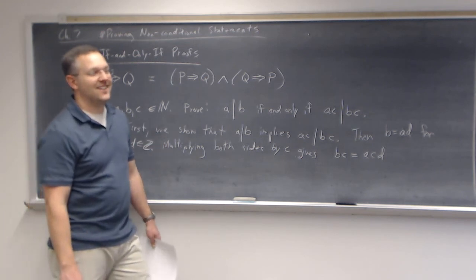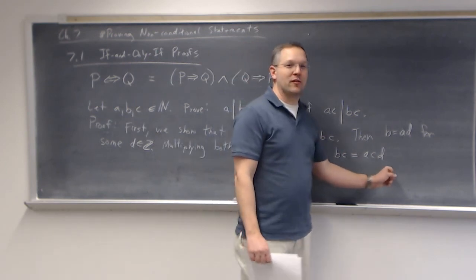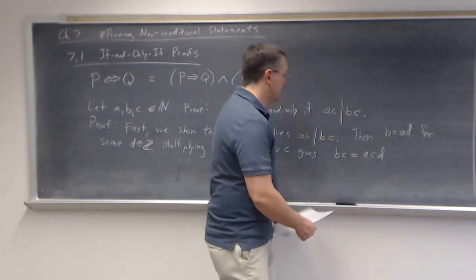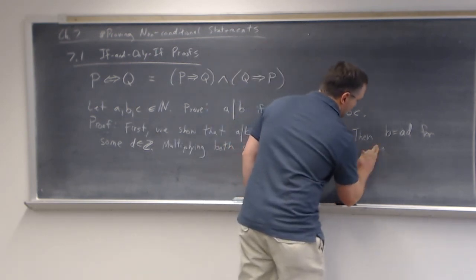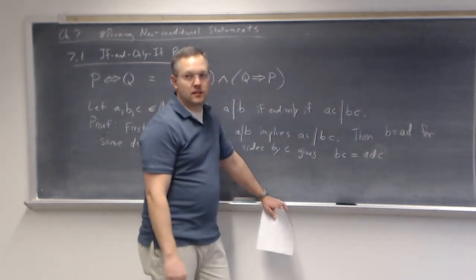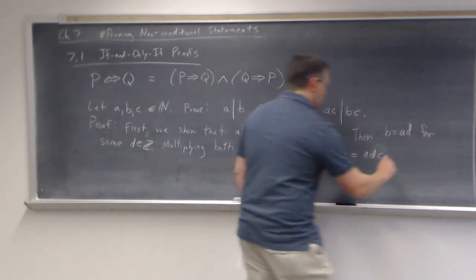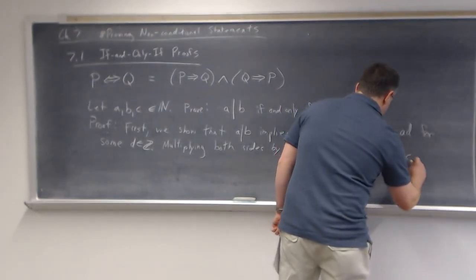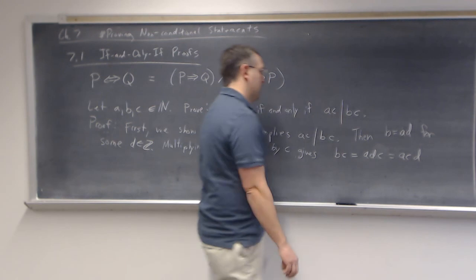I think it's fine. You see, I'm really using the commutative property of real numbers here. Usually when you multiply by C, you would multiply in the same place. Like I would say, okay, I multiply both sides by C, and then this equals AC times D.